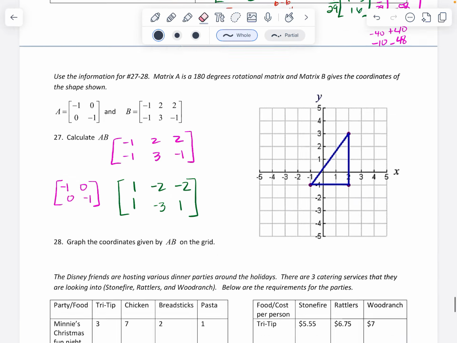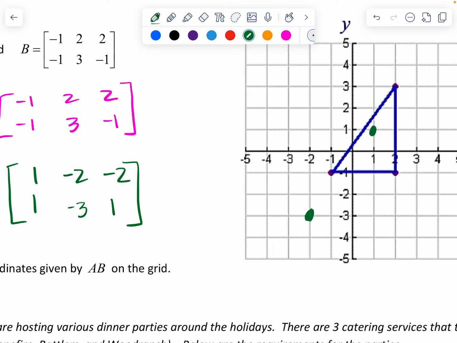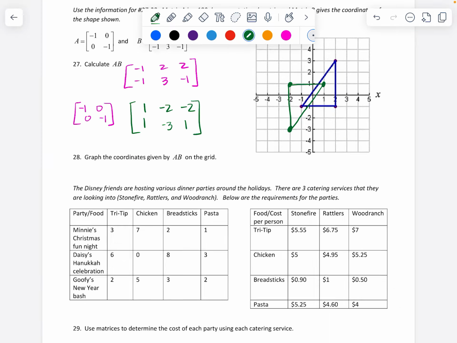Okay. And graph this on here. So 1, 1. Oops, helps if I have the 1, 1. Negative 2, negative 3. Negative 2, positive 1. Okay.